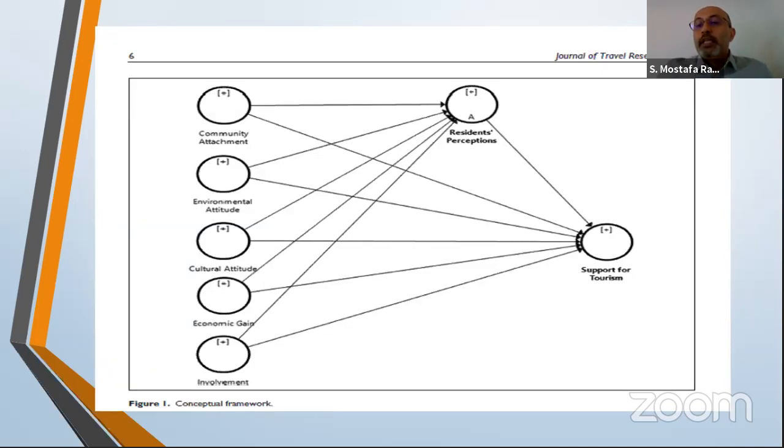Some researchers think that when we want to hypothesize a mediator, we need to find in the literature exactly some previous study that assesses and hypothesizes this mediator.